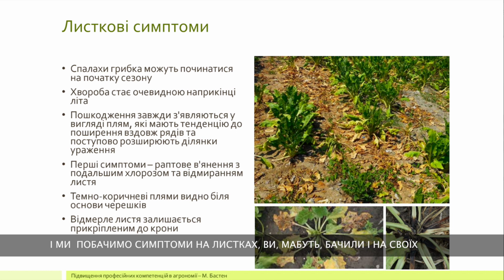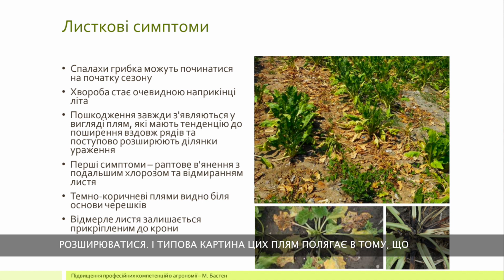You probably have seen also in your fields. So, even though the infestation is already early in May, June, quite often the disease becomes only apparent late in summer when the leaves in patches start to wilt.